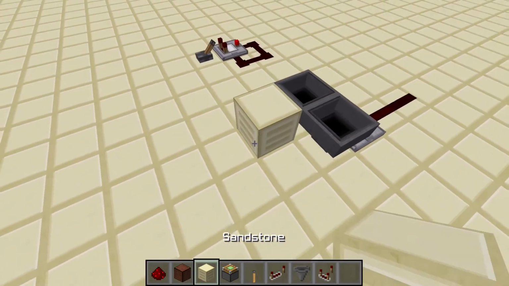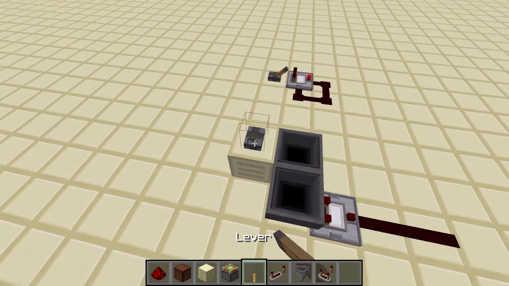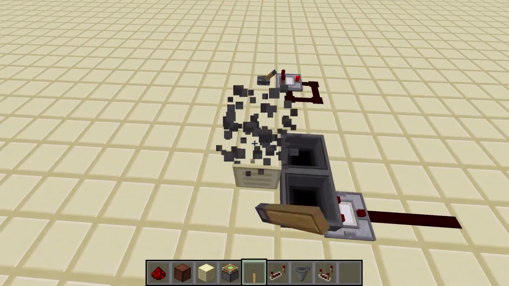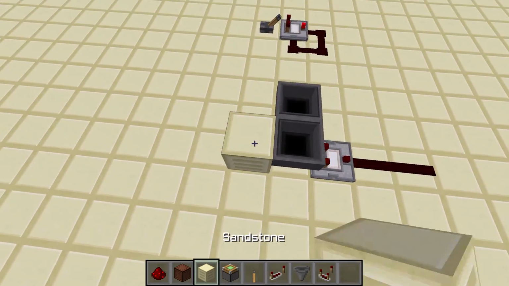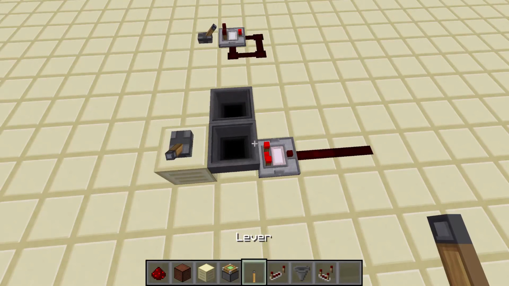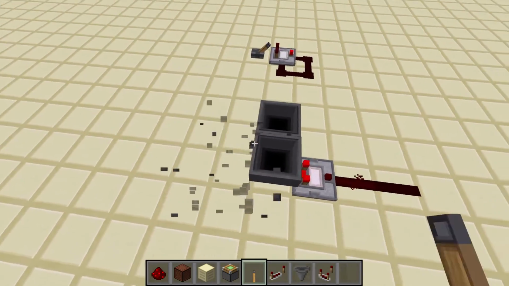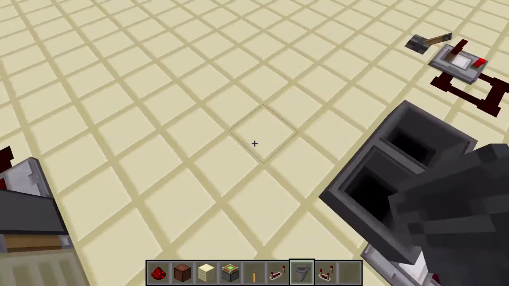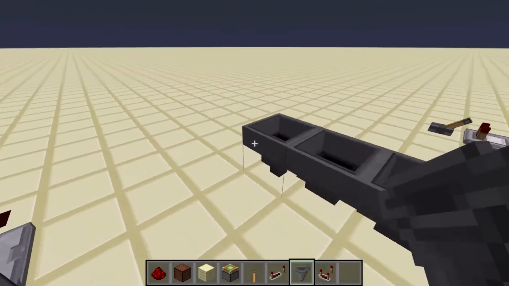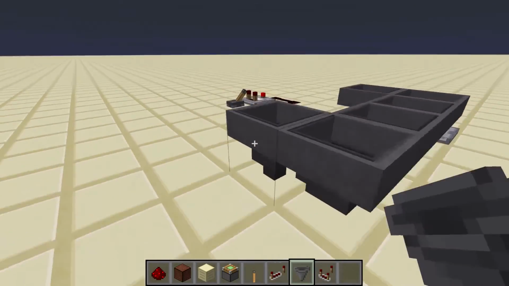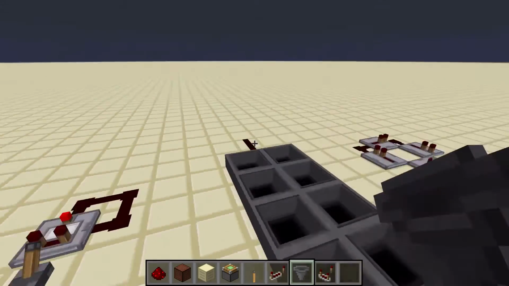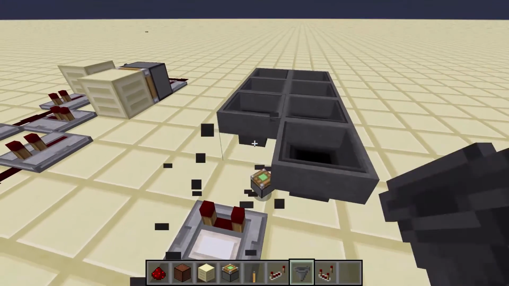Cool about this clock is you can turn it off very easily by powering one of these hoppers, and you can also turn it off so that the signal will stay on by powering the other hopper. Another cool thing about this clock is it can be expanded very easily just by creating hoppers that point into each other and basically making the loop bigger.